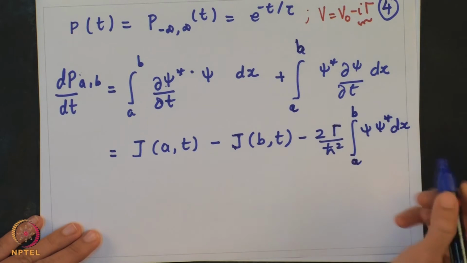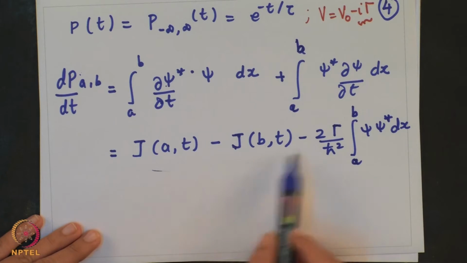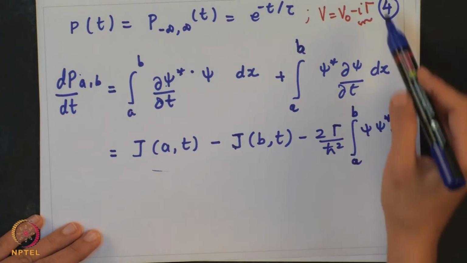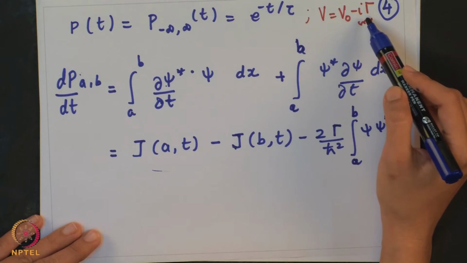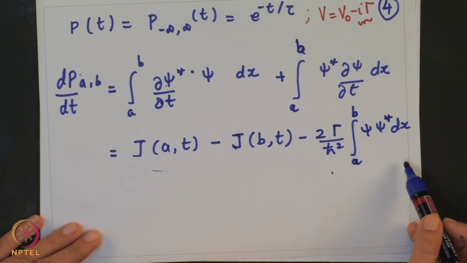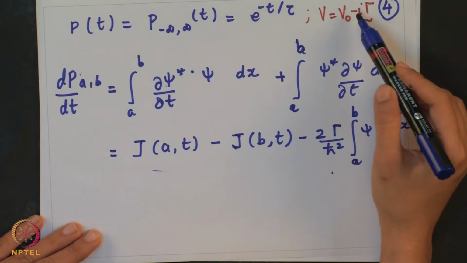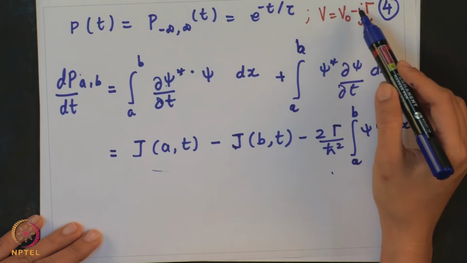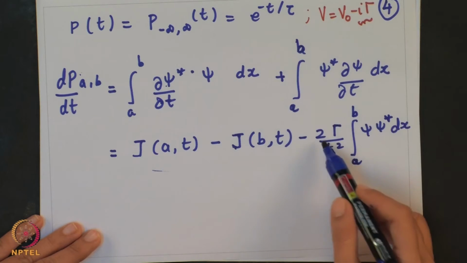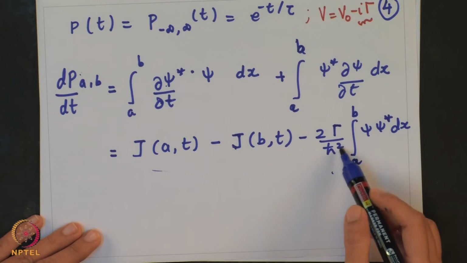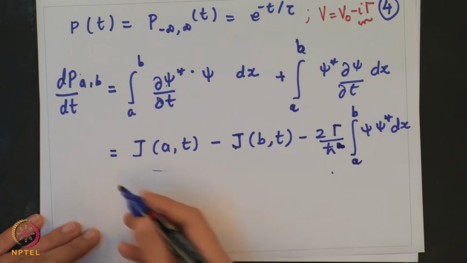So, here we have obtained the same result plus an additional contribution coming from the potential. You can simply work this out; because of the complex part there will be two contributions. So, I have a 2 gamma by h cross.